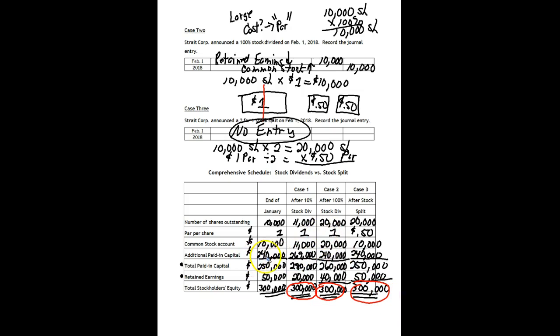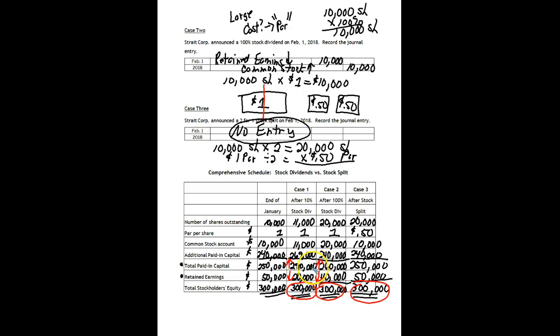What differs is the makeup of stockholders' equity. So if we have these 2 areas or sources of stockholders' equity, with the stock dividend, right, we have an increase here, 250 to 280, or 250 to 260. And we have a decrease in retained earnings, 50 to 20, or 50 to 40.